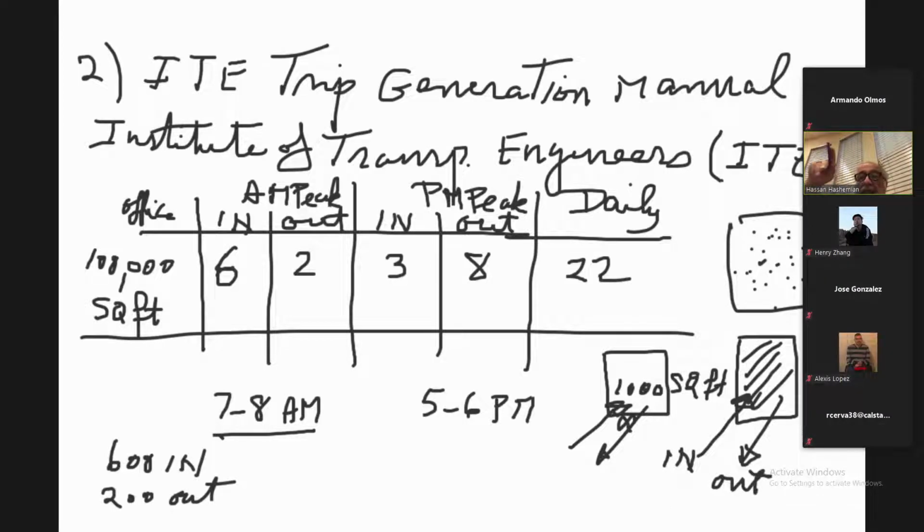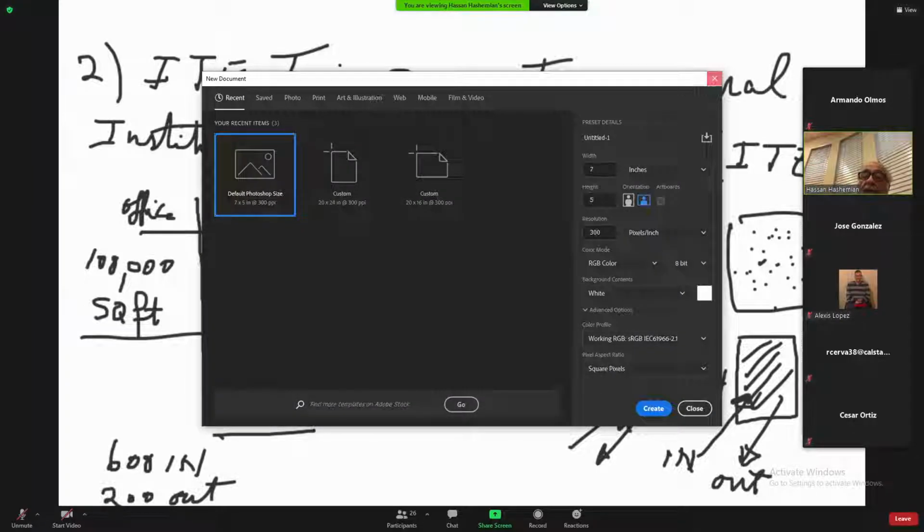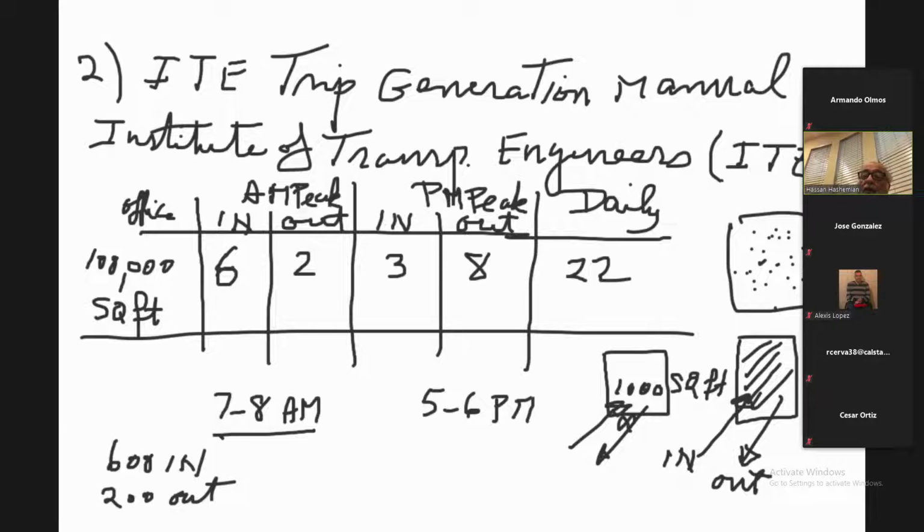So to get that, we have to use the trip generation model. And this trip generation manual by ITE we use 80%, almost more than that, all the time. Although sometimes some cities say, I don't want you to use ITE trip generation manual figures, and they have their own.